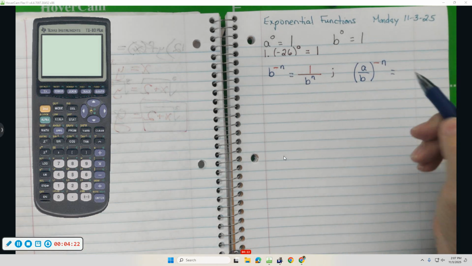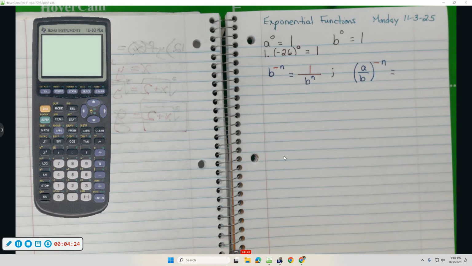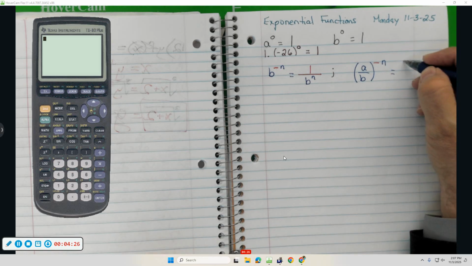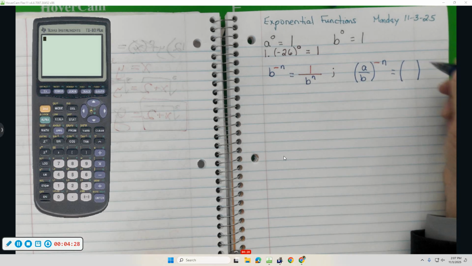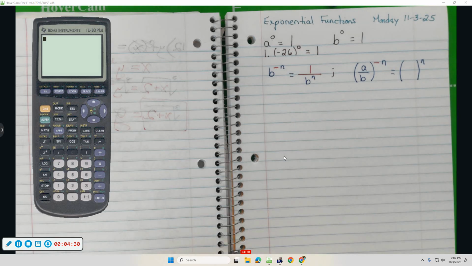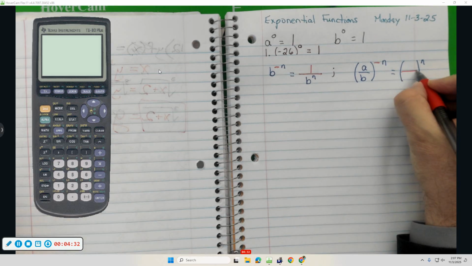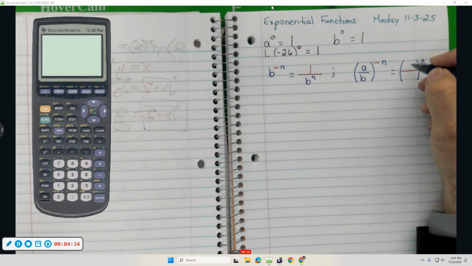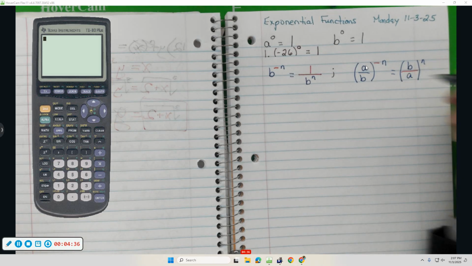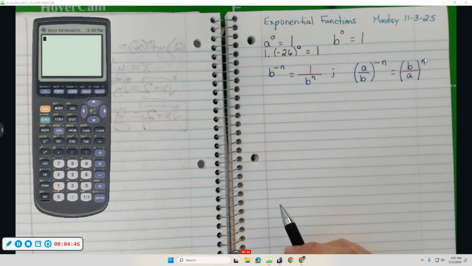Here, a negative exponent, if it's a fraction, to simplify it, you flip the fraction. So the reciprocal of a over b is b over a. The negative exponent means the reciprocal of the base, and then you use the positive exponent as the power.